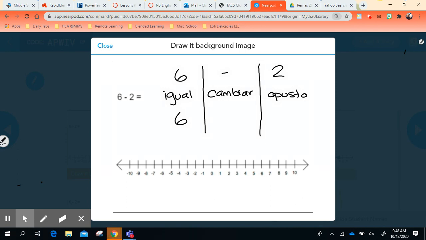El restar se va a cambiar a sumar. Y el 2 positivo se va a cambiar ¿para qué? Negativo. So vamos a tener 6 más 2 negativo. Ahora inténtenlo en la línea.